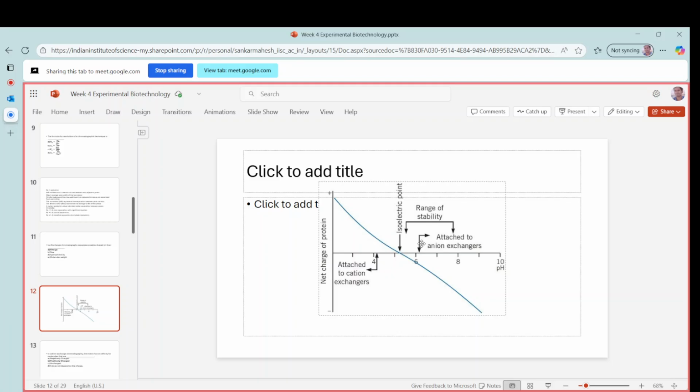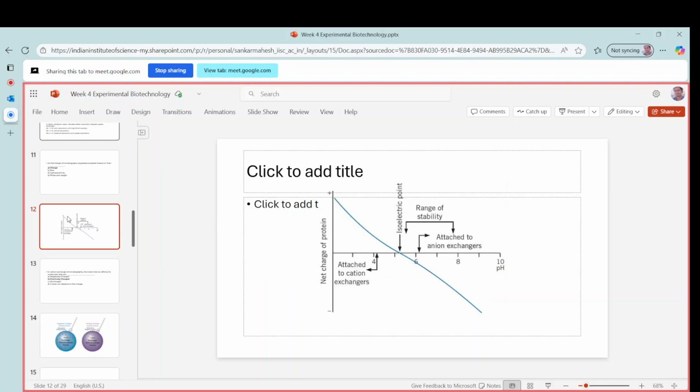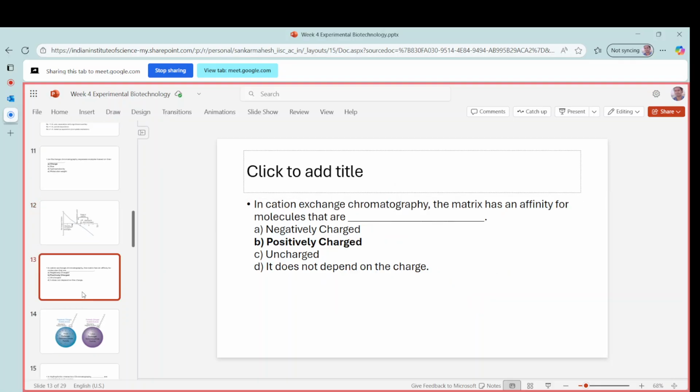Whereas if the isoelectric point is lesser than 6 and your pH is lesser than your isoelectric point, then it can bind to positive ions. And we elute it with sodium chloride or potassium chloride, which has both positive and negative charge, K plus, Na plus and Cl minus.